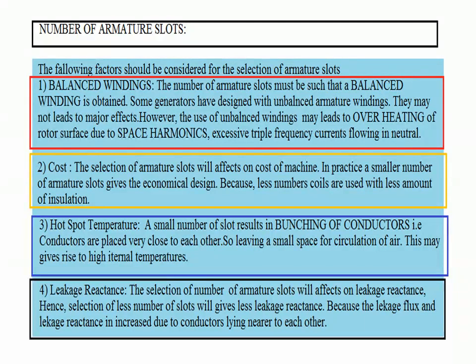If we use fewer slots, then the leakage flux and leakage reactance are increased because conductors are lying near each other. Hence, this is the option. When more slots are used, more conductors lie nearer to that. Hence, leakage reactance is more when the number of armature slots is high, so you should select such a value.